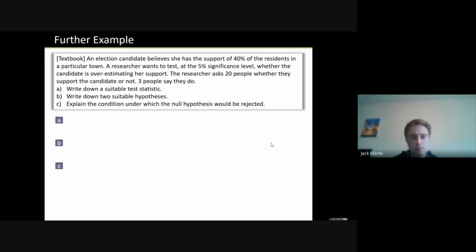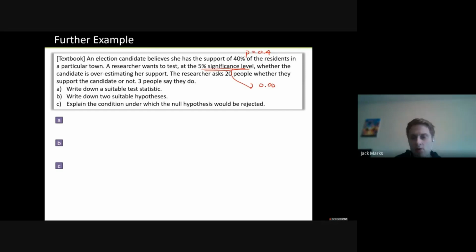Okay, let's do some more complete examples now with some worded context. So, further example, an election candidate believes she has the support of 40% of the residents. That sounds to me like P equals 0.4, but we'll just check with the rest of the question. A researcher wants to test at the 5% significance level. So this is the thing that we will compare to, okay?